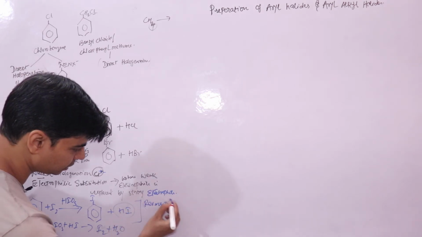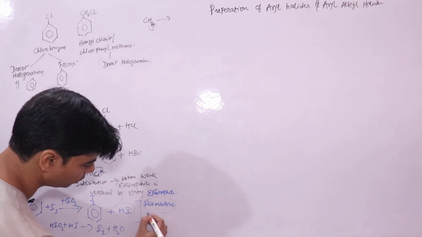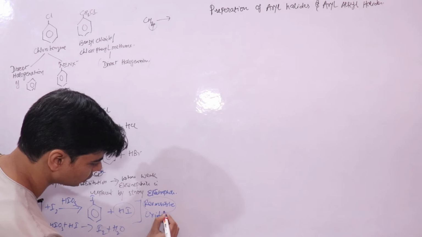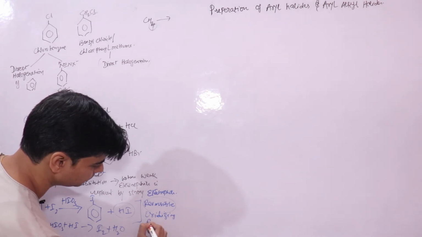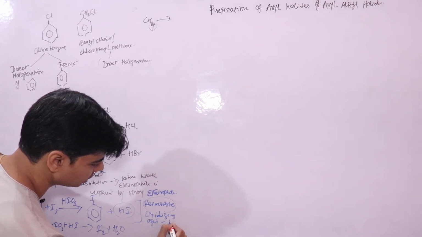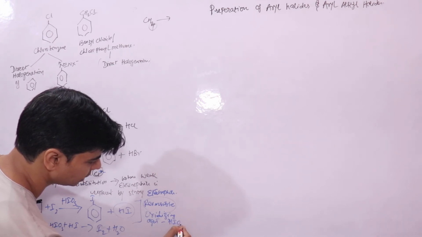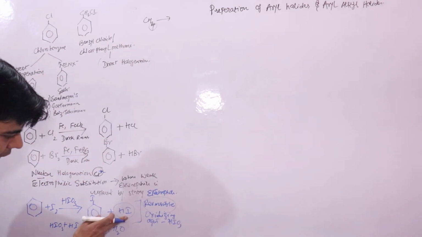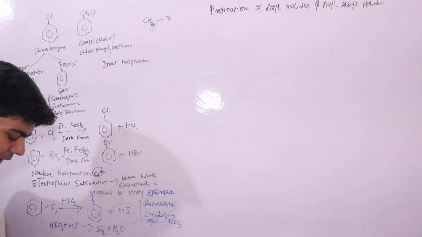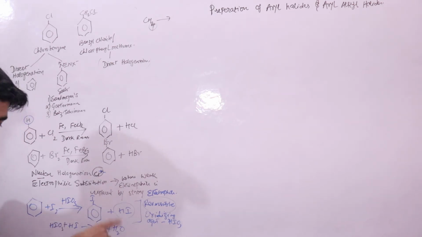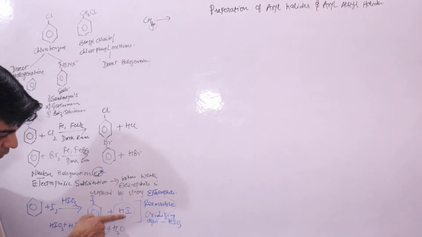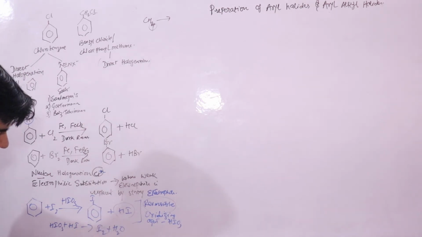So to prevent this reversible reaction, we will use an oxidizing agent, which in this case is iodic acid, HIO3, which will react with hydrogen iodide, because it is due to this hydrogen iodide that the reaction is reversible. So it will react with this hydrogen iodide and form iodine and water, right?